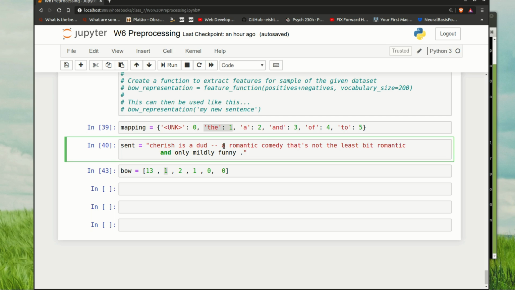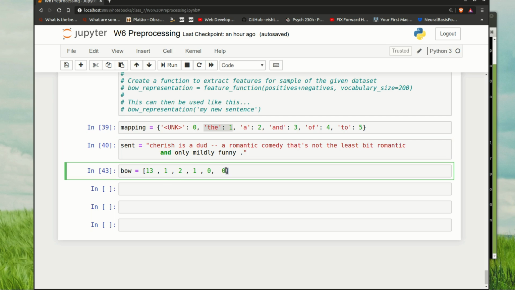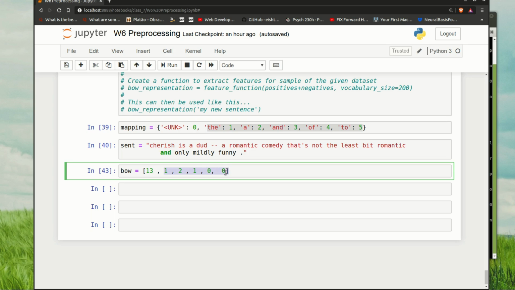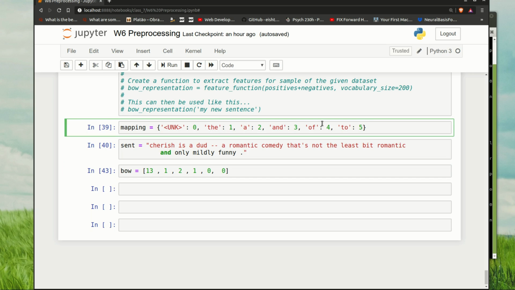Okay, so I hope it is clear now how each of these words is related to each of these numbers. A bag of words representation depends on this mapping, and it is index based.